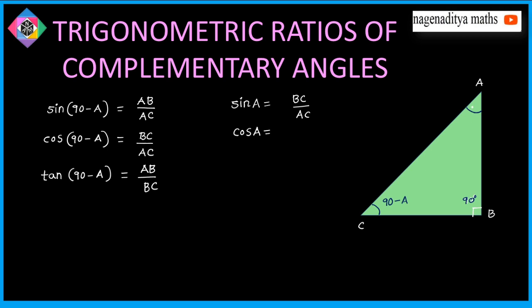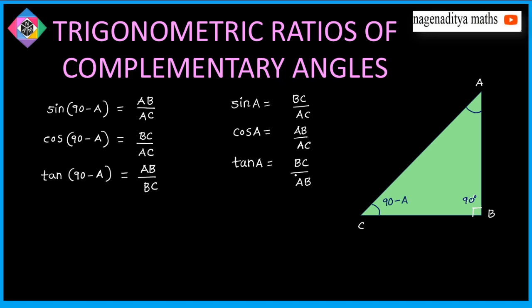The adjacent side of angle A is AB, so that is AB by AC. And what about tan A? Tan A is the opposite side to A by the adjacent side. The opposite side to A is BC, so it is BC by AB.